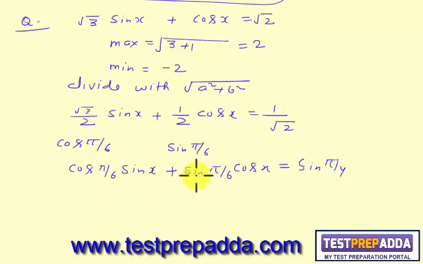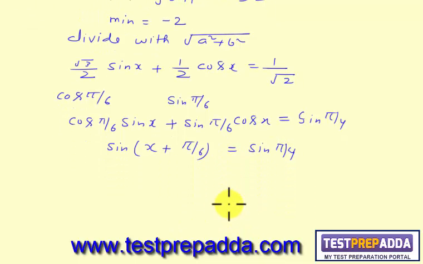Now you can see sin a cos b plus cos a sin b. So it becomes sin x plus pi by 6 is equal to sin pi by 4. Now this is a simple standard trigonometric equation.